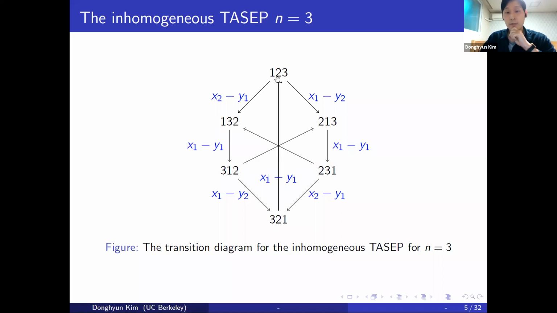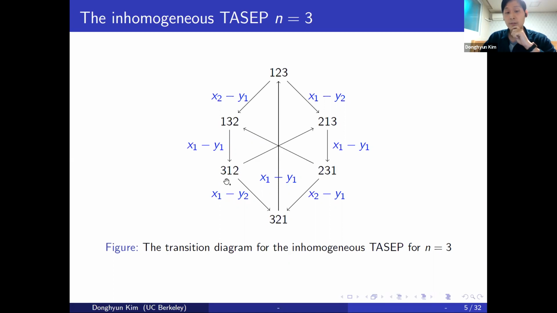For example, for 1, 2, 3, the particles 1 and 2 are neighboring, and they can swap their positions with the rate x_1 minus y_2, becoming 2, 1, 3. And if you look at the state 3, 1, 2, remember we are on the circle. So 2 and 3 are also neighboring.